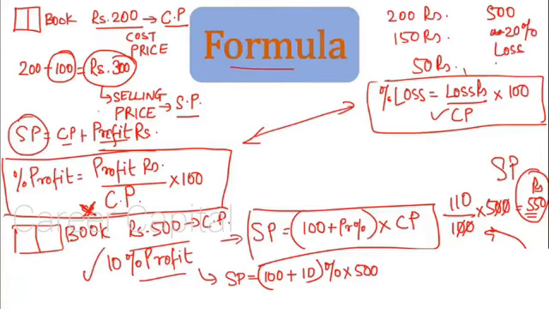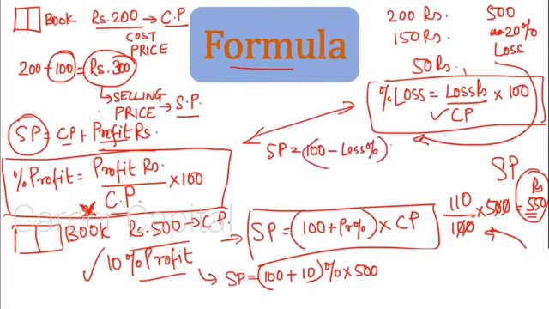It would simply be given as, take a look at over here, selling price would be 100, that is the maximum percent. Since loss means we have lost the money, money is gone, so we subtract, exactly opposite that of profit, loss percent, and multiplied by cost price, just like the previous formula.